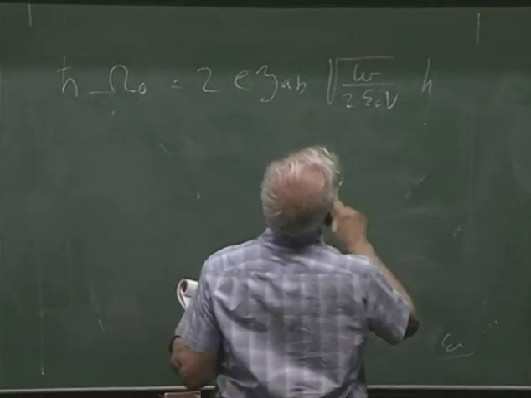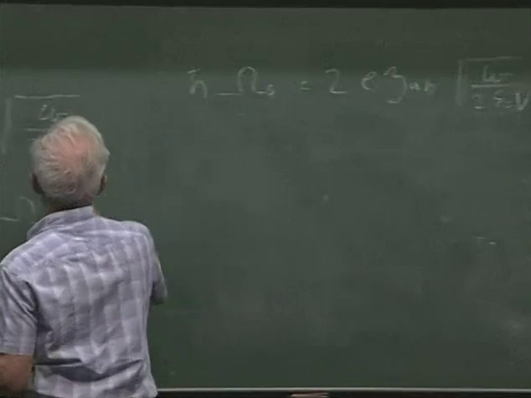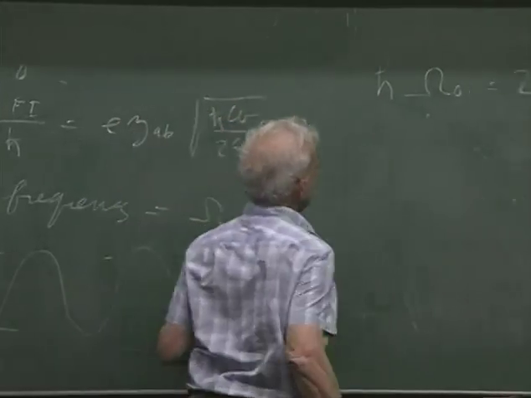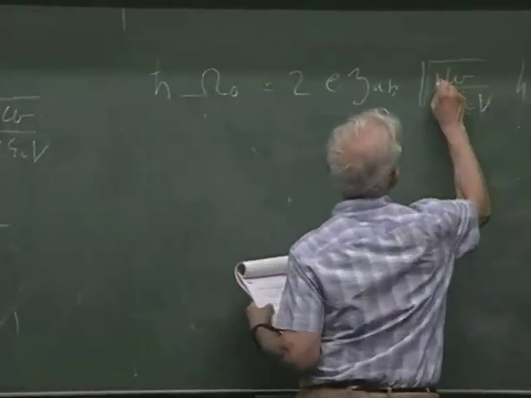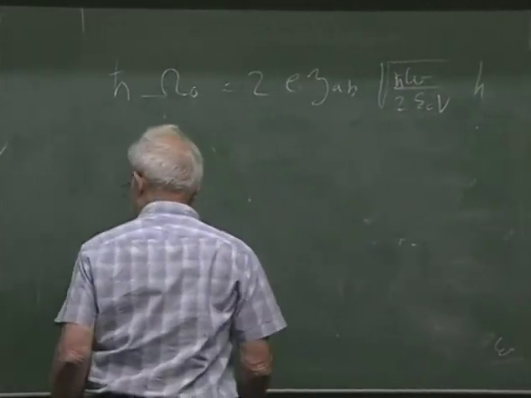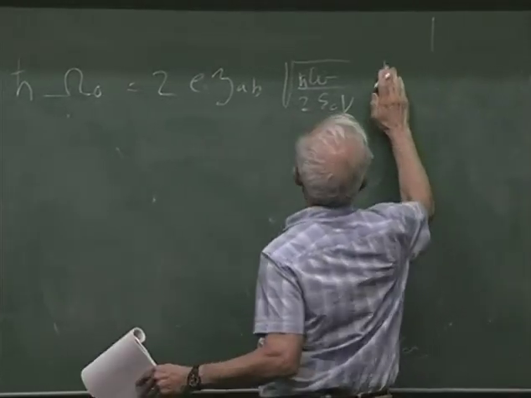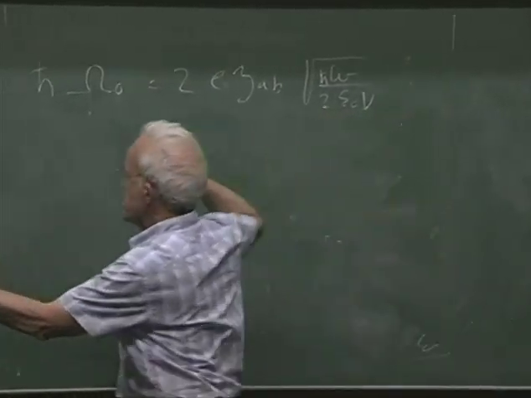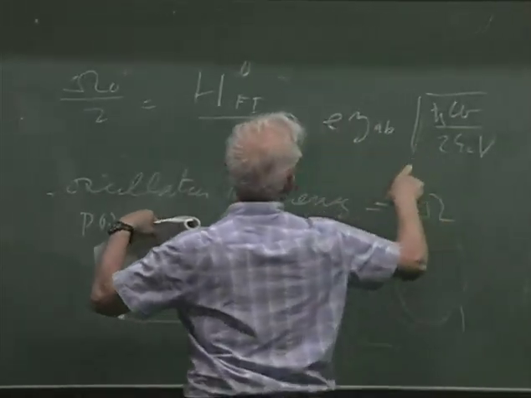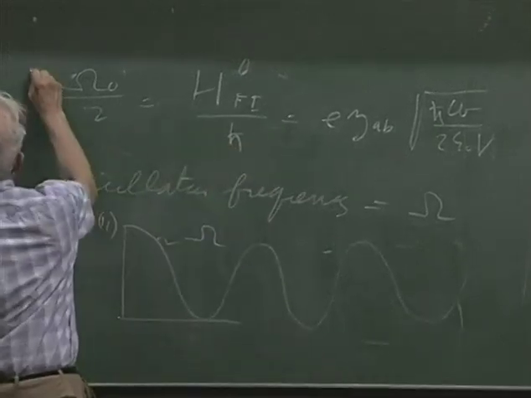Let's see, the interaction Hamiltonian. Oh, there's an h bar in there, so there should be an h bar in here. Suppose I write this thing as, you know, this is h bar omega naught, this is h bar omega naught over 2.